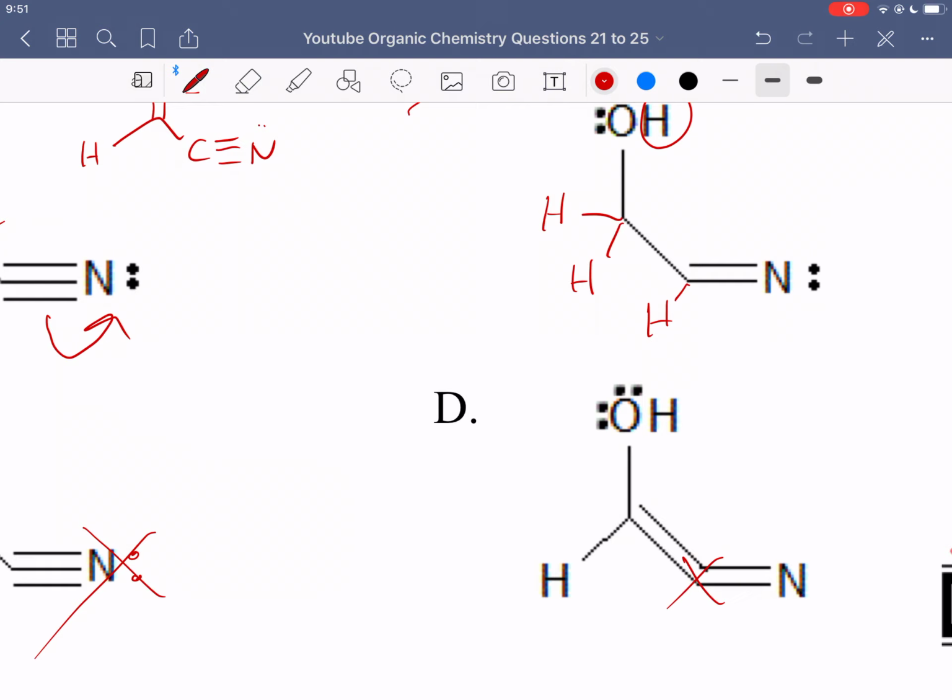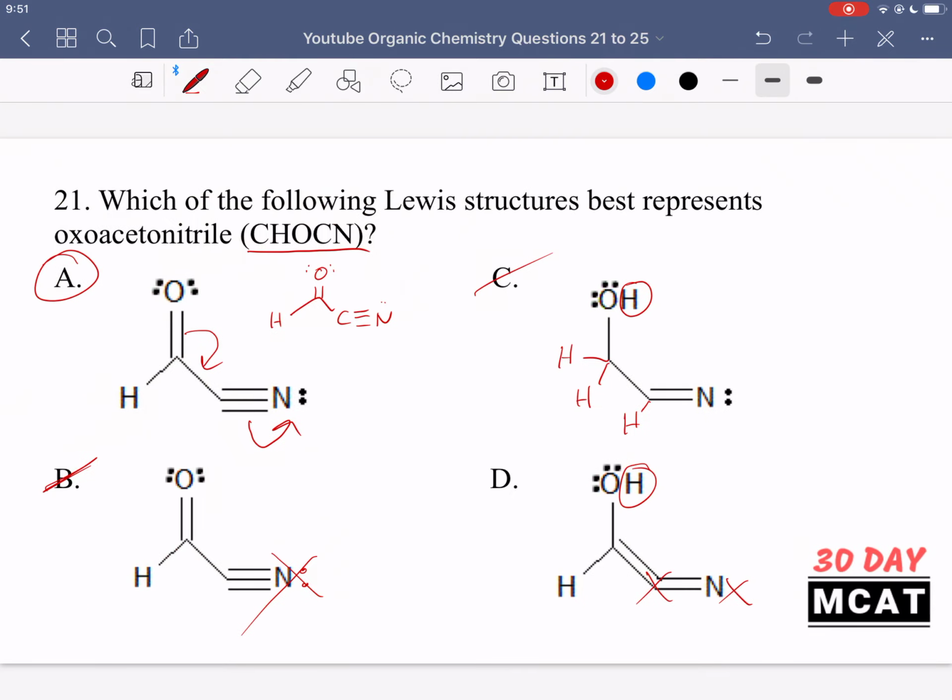The amount of electrons around nitrogen, that's another problem. And then additionally we have another hydrogen over here, so we have 2 hydrogens when the chemical formula has only given us 1, and then oxygen is single bonded instead of that double bond. So a lot of problems, most problems with D out of all of the given structures. So D is the most off answer, and A is the only one that's the correct answer for this Lewis structure.